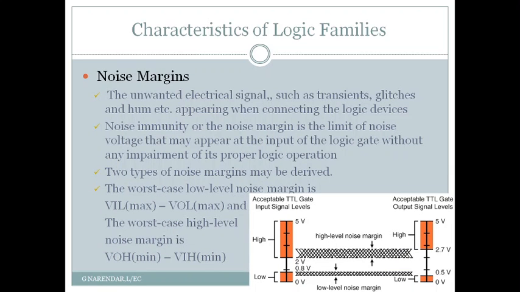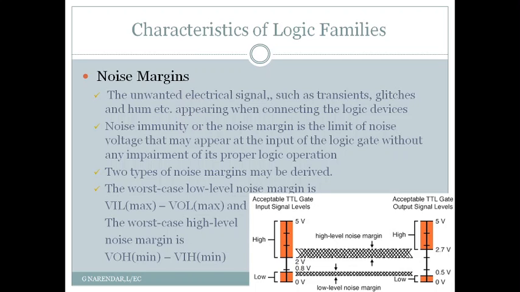One more important parameter is called noise margin. An unwanted electrical signal called noise can cause the voltages to rise or reduce from the intended value.